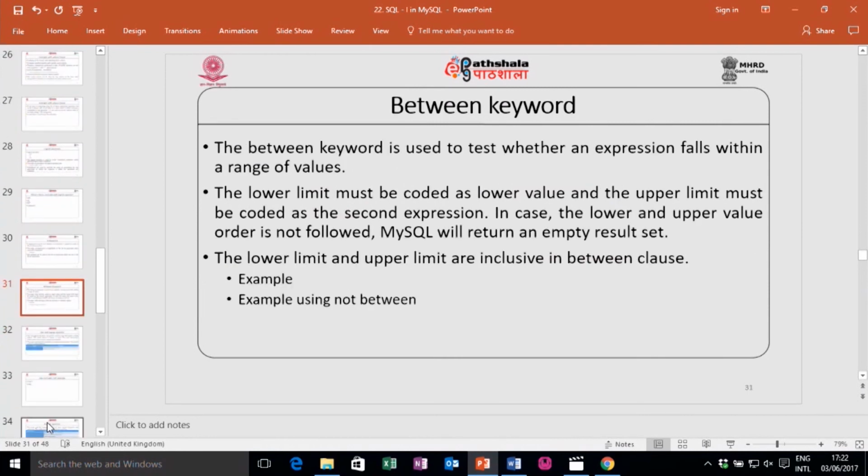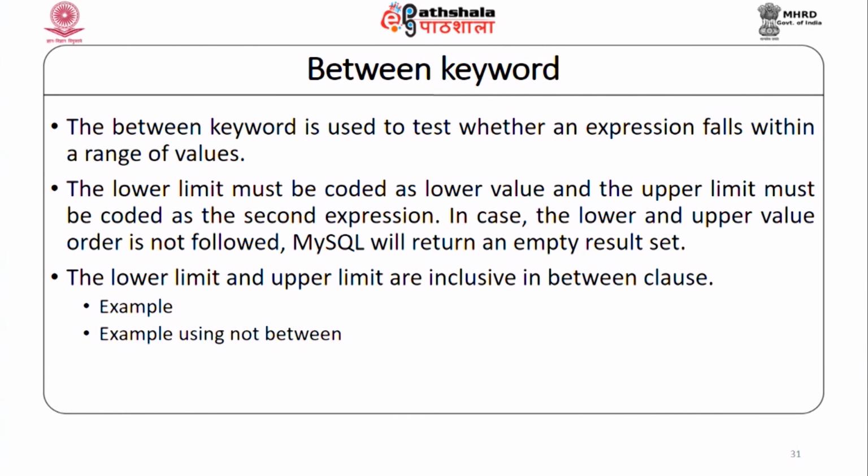You can use the BETWEEN keyword also. The BETWEEN keyword is used to test whether an expression is within a range of values or not. The lower limit must be coded as the first value and the upper limit must be coded as the second expression. If the lower and upper value order is not followed, MySQL will return an empty result set.